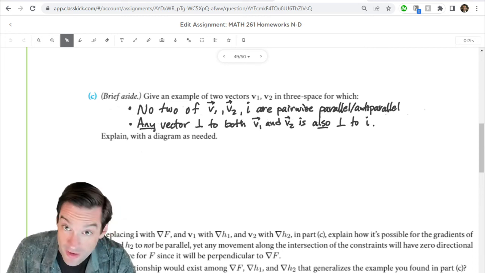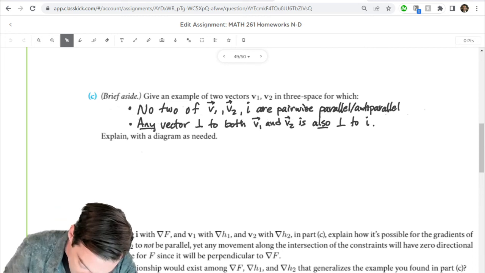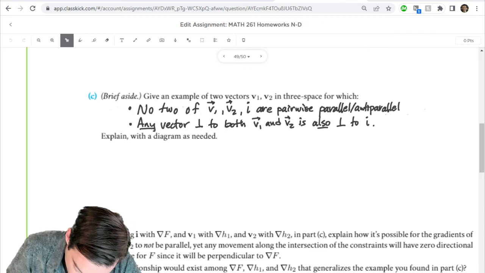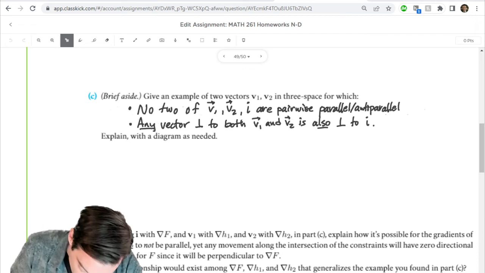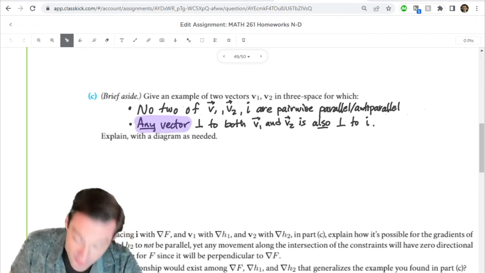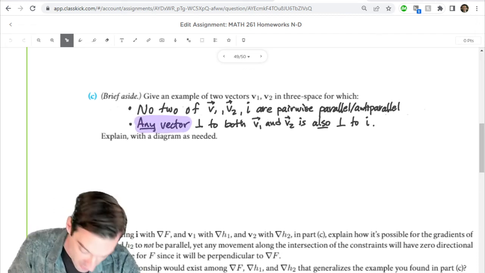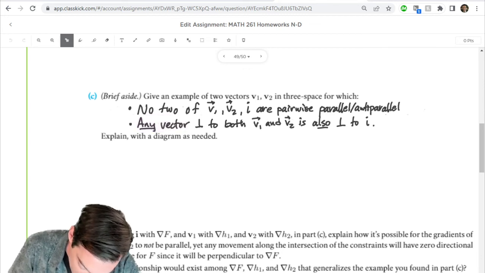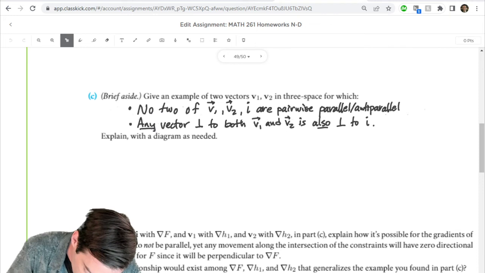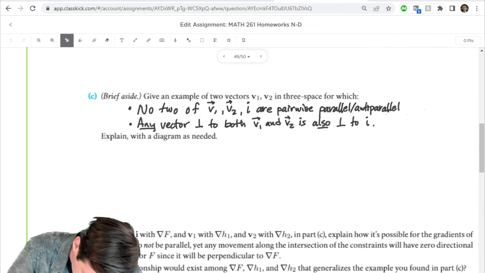The cross product of v1 and v2 is a direction that is perpendicular to both v1 and v2. So in particular, the cross product would be one of these vectors that's perpendicular to both v1 and v2, and we need it to be perpendicular to i as well. So maybe I'll write that over here in the margin as a possibly helpful hint.